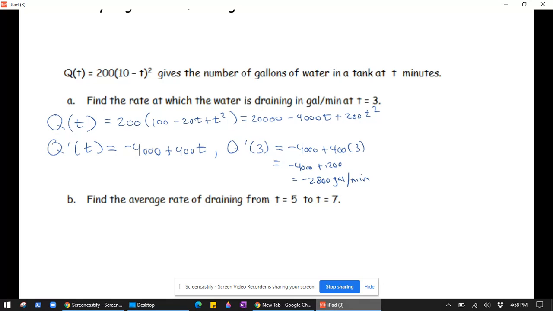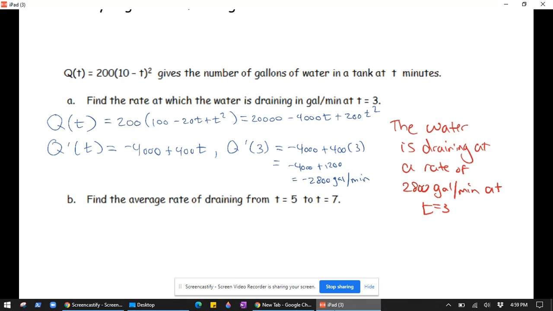So we can say that the water is draining at a rate of 2,800 gallons per minute at t equals 3. The word draining is taking care of the fact that the rate of change is negative. It would be awkward to say it's draining at negative 2,800 gallons per minute, because it implies a double negative.